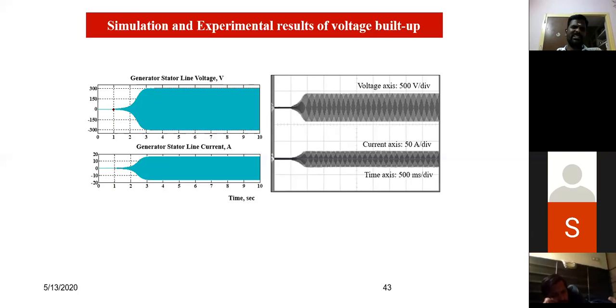When you close the capacitor, we can observe the voltage build-up process. This is the stator line current, which is equal to the capacitor current in this case, and this one is the voltage axis, with respect to the experimental observation.